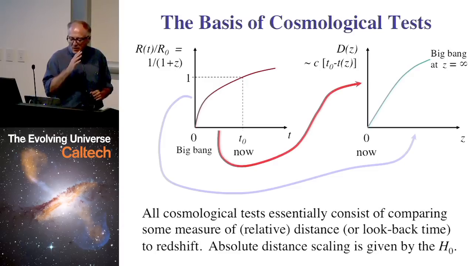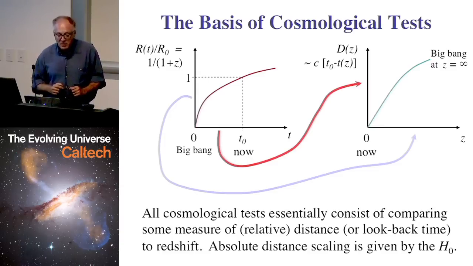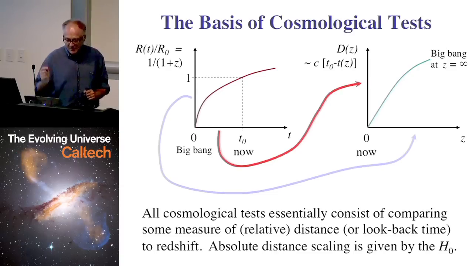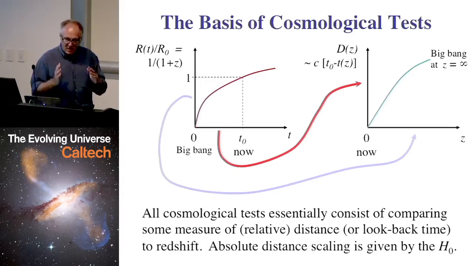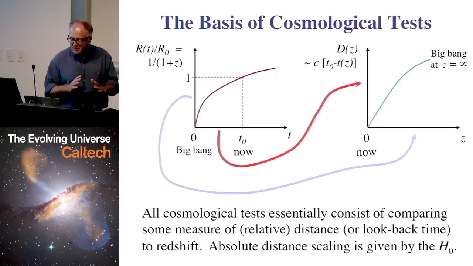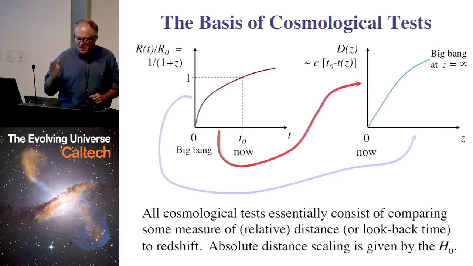And so if you can measure how distances to different things change as a function of time, then you can map out this curve. And that's the job of cosmology. Now, this is curvature. The absolute scaling is given by the Hubble constant, but the shape of the curve is given by the other parameters, and by actually measuring what's going on, you can see which curve fits the best.